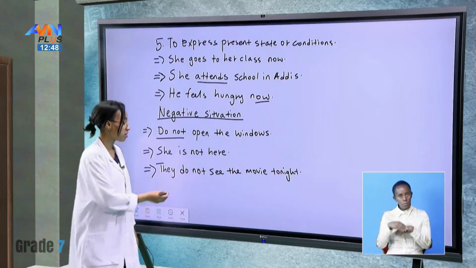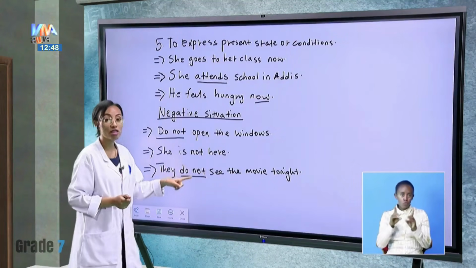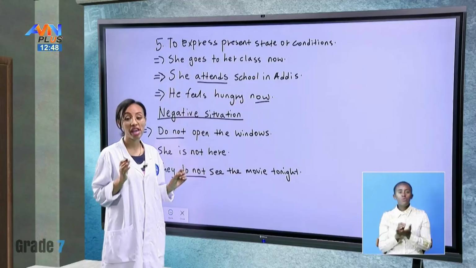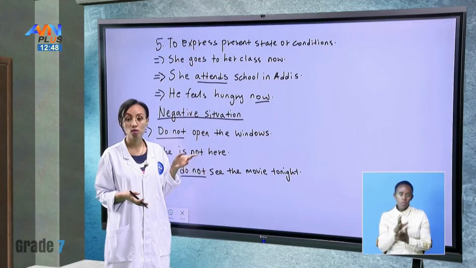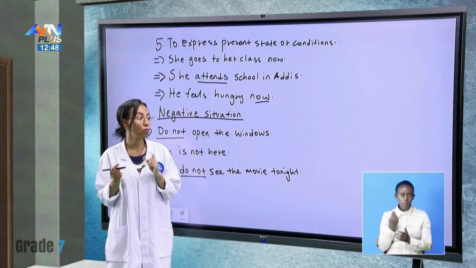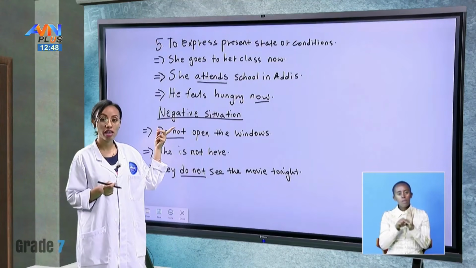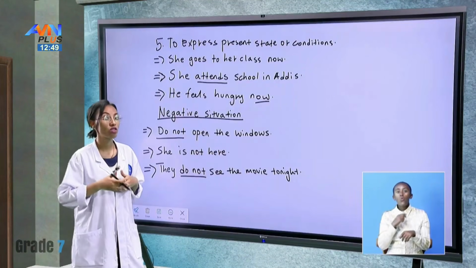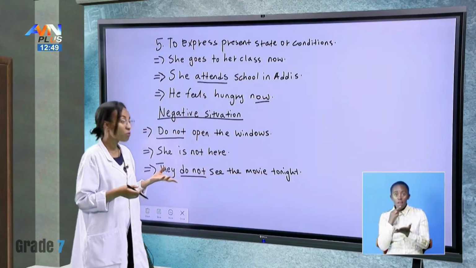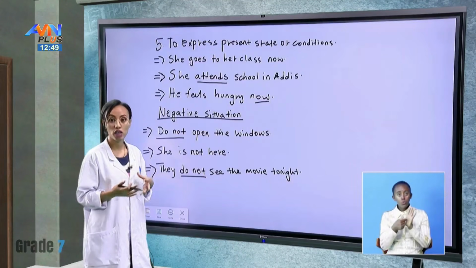So we have what? We use the verb to do here, and we also use the negation indicator, which is not. And we have our verb. So usually when we are using negative situations in the simple present tense, we use an auxiliary verb, the verb to do, to show negation.